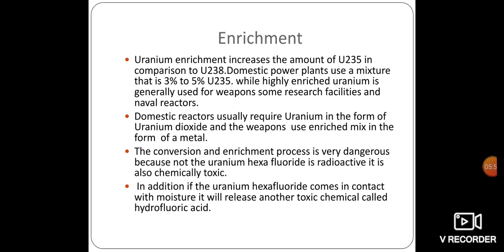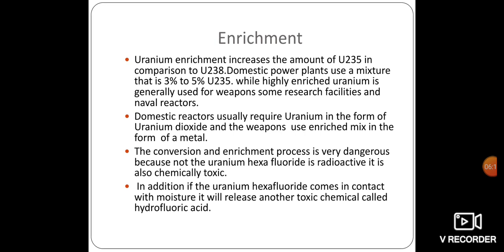Enrichment. Uranium enrichment increases the amount of U-235 in comparison to U-238. Domestic power plants use a mixture that is 3% to 5% U-235, while highly enriched uranium is generally used for weapons, some research facilities and naval reactors.